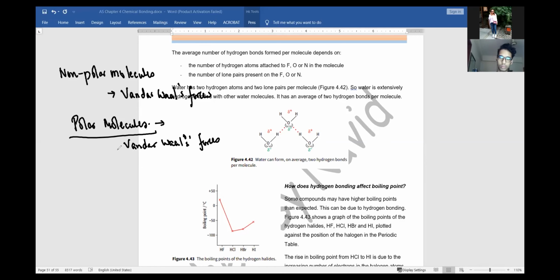And especially we have what? Permanent dipole-dipole. And in special cases, what do we have? Hydrogen bonding. In special cases, we have hydrogen bonding.